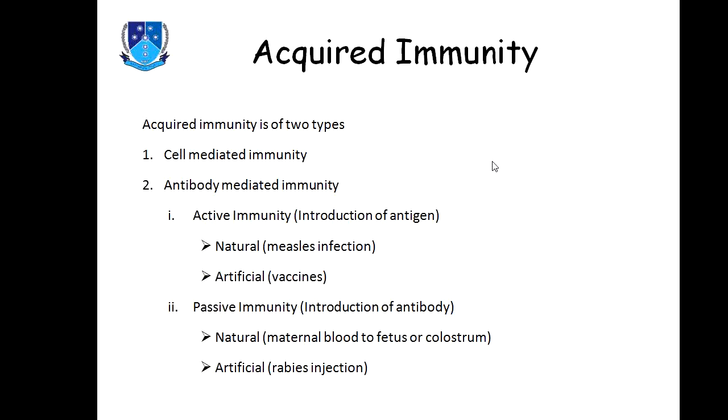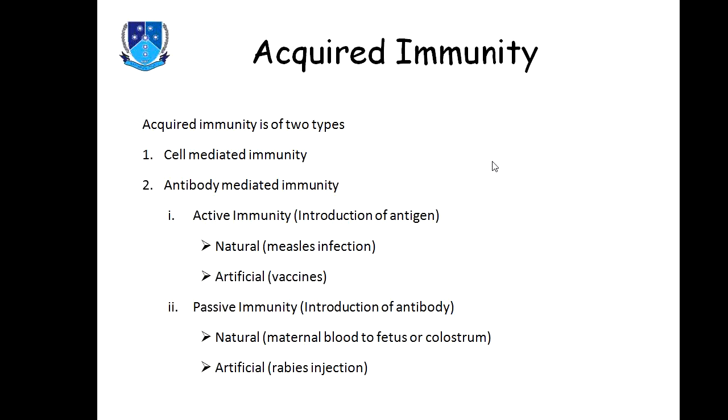The big difference between innate immunity and acquired immunity is, first of all, specificity. The acquired immunity is specific, against a specific microbe, while the innate immunity is not against a specific microbe, but may be against any type of microbe. The acquired immunity does not provide immunity at first exposure, while the innate immunity could.